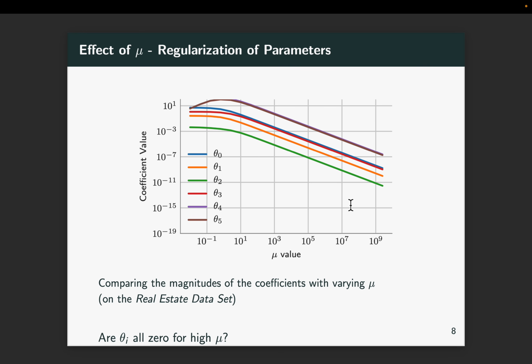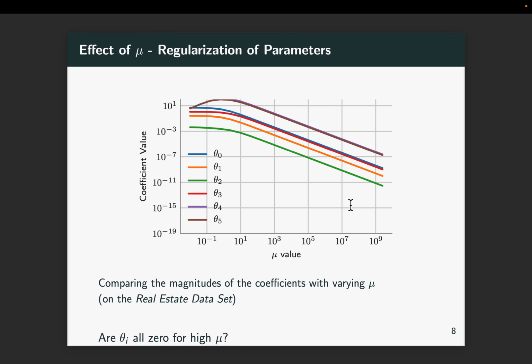Okay. We can see the general trend that as mu is increasing, theta i's are reducing. Right? So, can we say that after a point theta i's will all become 0? As we keep increasing mu, will all of the theta i's become 0? Yes or no? At infinity, of course, but let us say that we do not have infinite precision.